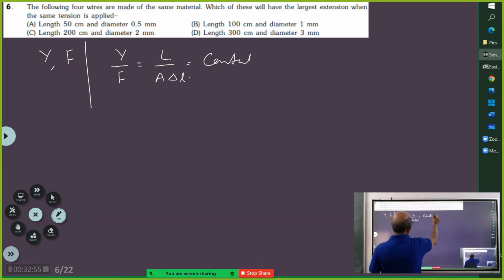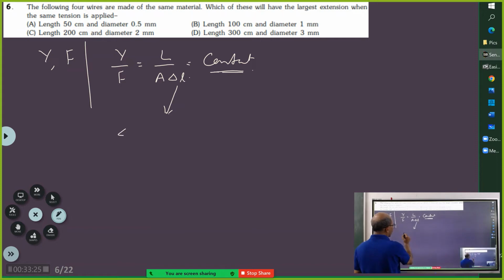So delta L we want. From the information that they have given, I have coined the mathematical model of whatever data they have given. Now because you have to compare, which of these will have the largest extension? So there is a constant term here.